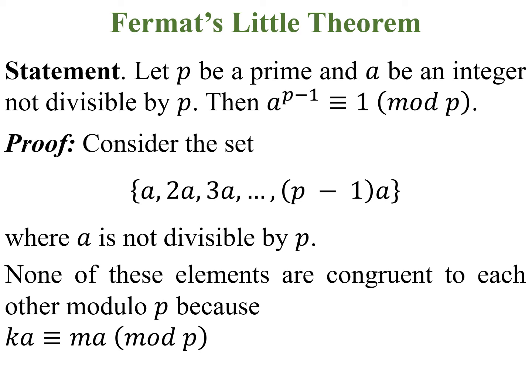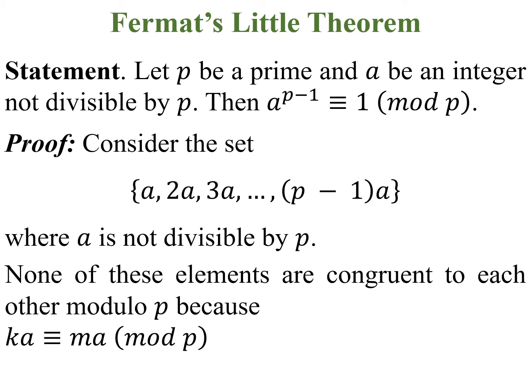Therefore, the GCD of A and P is 1, and hence you can apply the cancellation law. After applying the cancellation law, A gets cancelled and you get K is congruent to M modulo P. But none of the multiples of A, which are 1, 2, 3 up to P minus 1, are congruent to each other modulo P, and so this cannot be true.